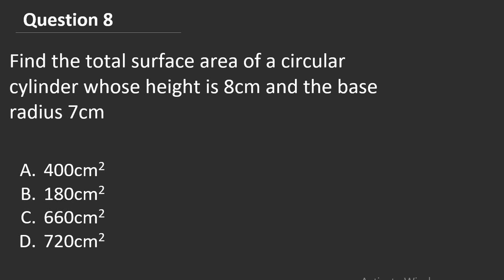Question number 8 says, find the total surface area of a circular cylinder whose height is 8 cm and the base radius is 7 cm. Now the formula for calculating the TSA, that's the total surface area of a cylinder, is 2 pi r square plus 2 pi rh.